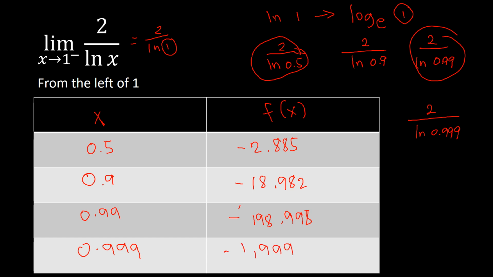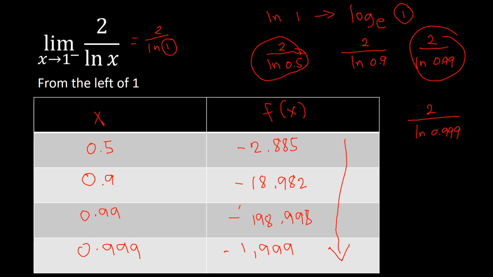If you look at the pattern here, the number is moving in the negative direction, becoming bigger in magnitude. Once your number becomes bigger and bigger, that's infinity. But since this is going in the negative direction, that's becoming negative infinity.